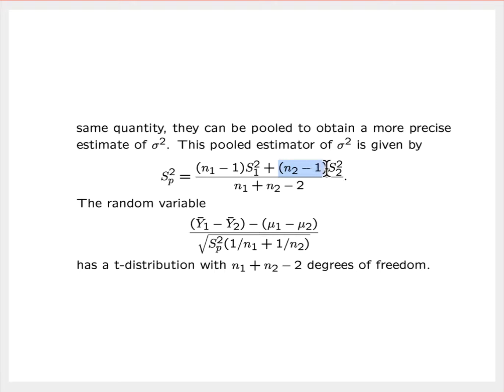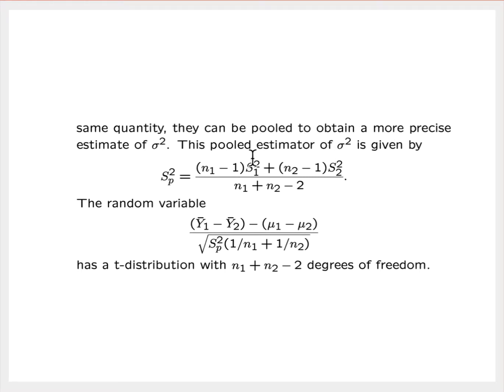The weight associated with S2 squared is the number of degrees of freedom associated with sample 2. And if we add those two numbers of degrees of freedom together, n1 minus 1 plus n2 minus 1, we get n1 plus n2 minus 2, and that's what's in the denominator. So the pooled sample variance is, in fact, a weighted average of the two sample variances.